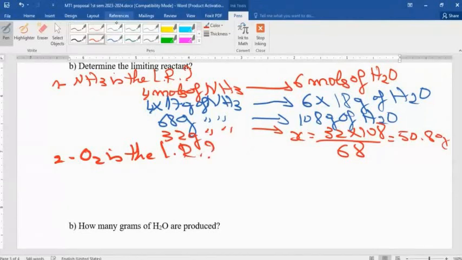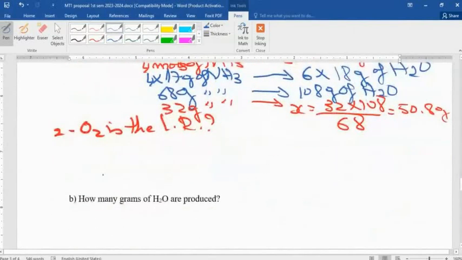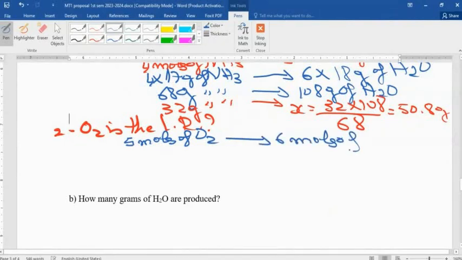Question mark, because I don't know. So the same, I read from my chemical equation. It tells me that 5 moles of oxygen gas produces 6 moles of water.